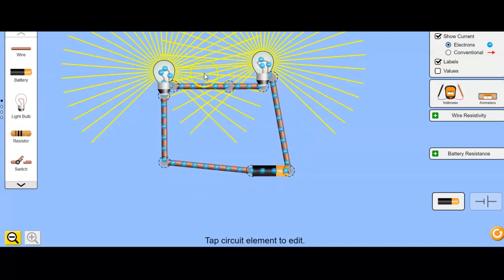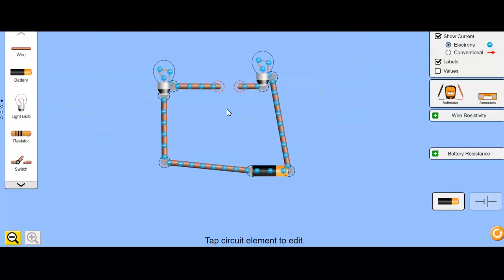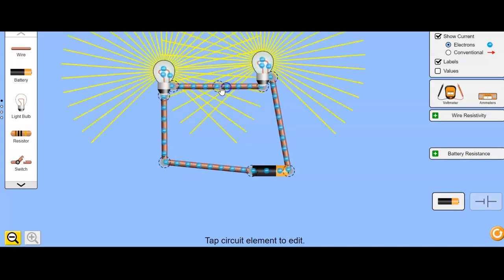The current just flows in a circle, and if I break a spot, I'm not allowing the current to go in a circle anymore. Okay, so that's a series circuit. They're in one big loop with whatever the power source is. This is like the old school holiday lights where if one goes out, they all go out.